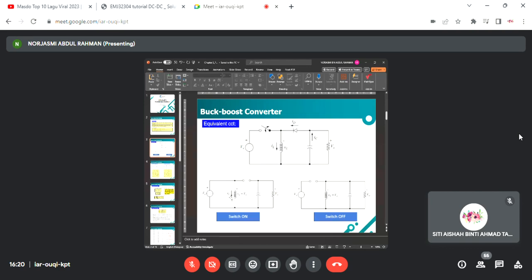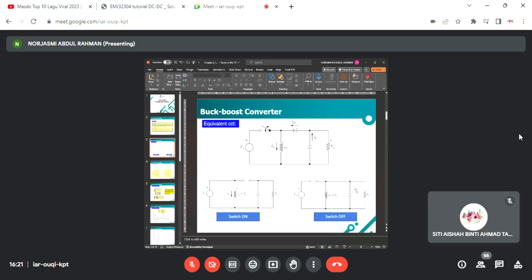The inductor will develop its energy and also its current. During switch off, the inductor will release its energy to the load, but this time it goes through the bottom line. From the negative point of the inductor, we go into the negative of the output voltage. Hence, you will get the inverting voltage.